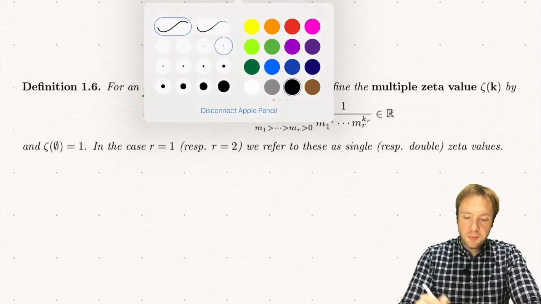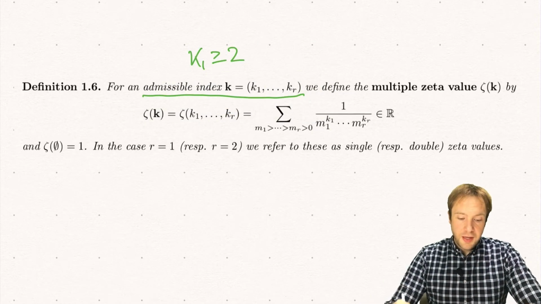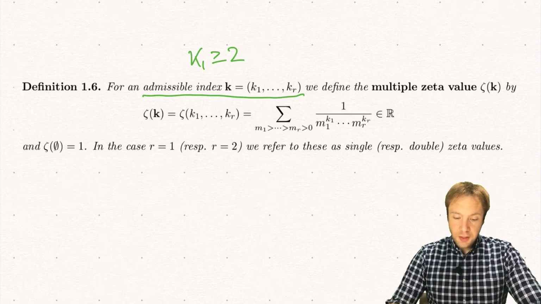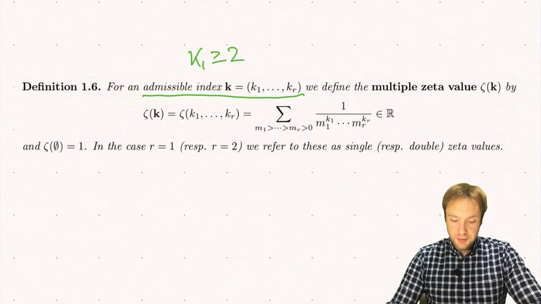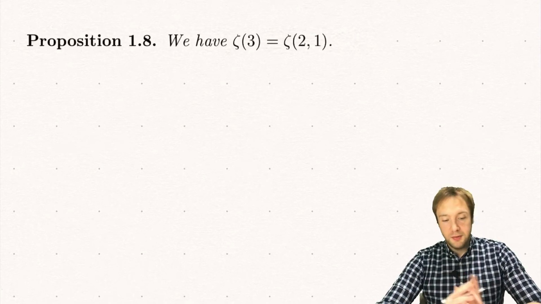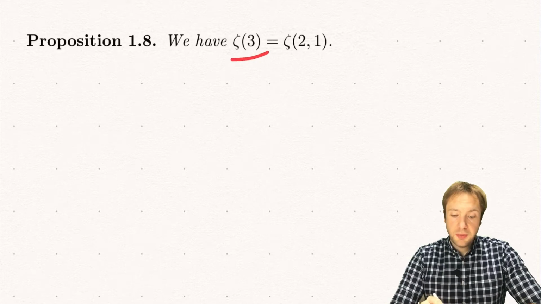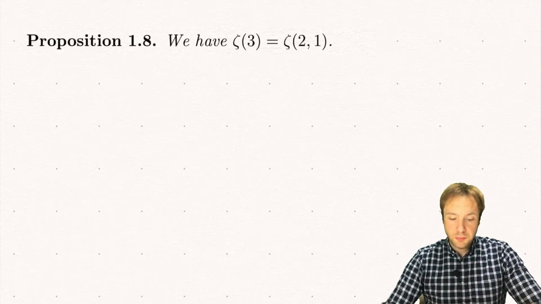And one nice thing about these numbers is that they satisfy various linear relations, and the first relation appears in weight 3, and this is the first thing we want to do, namely, this was already proven by Euler. He showed that zeta 3 equals zeta 1.